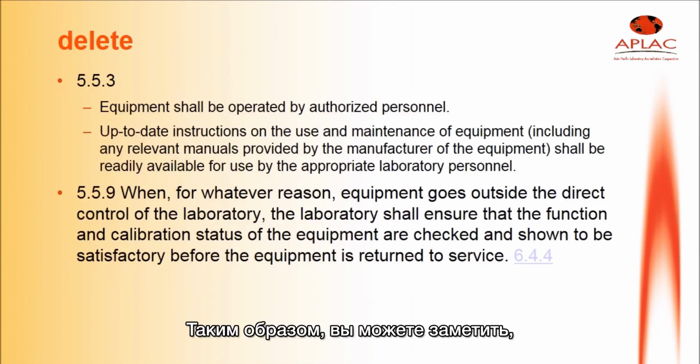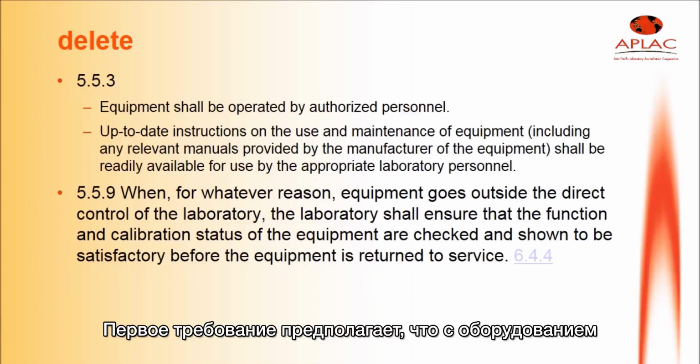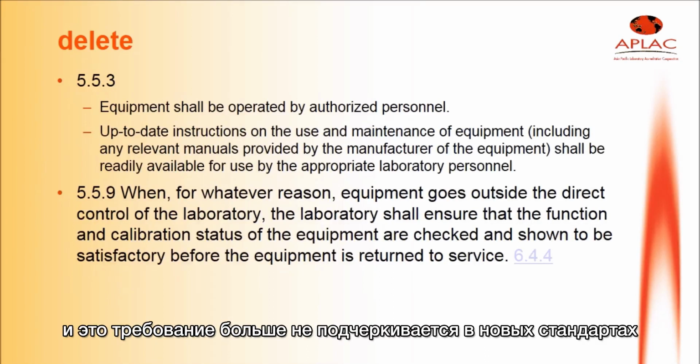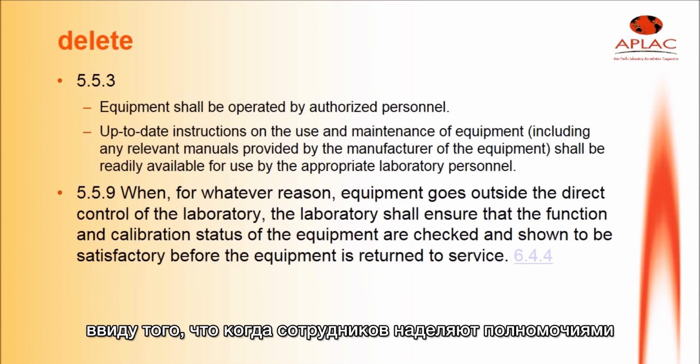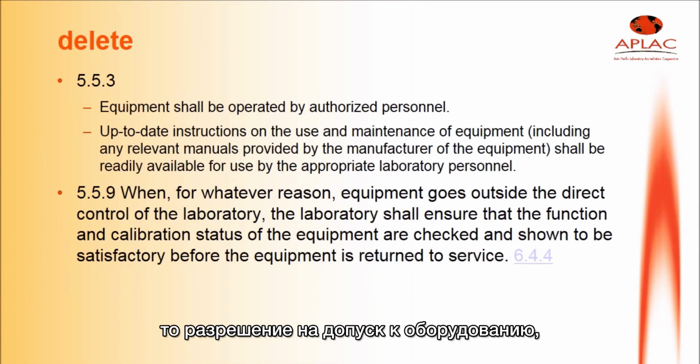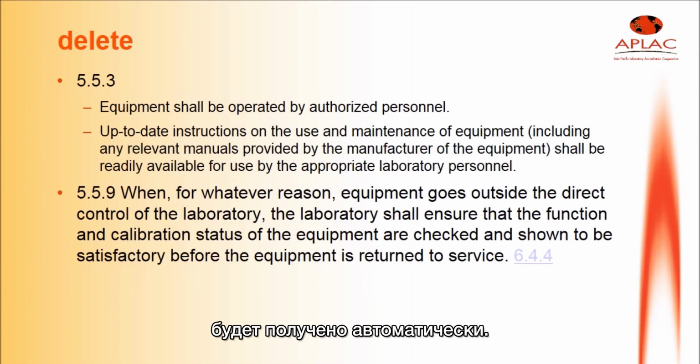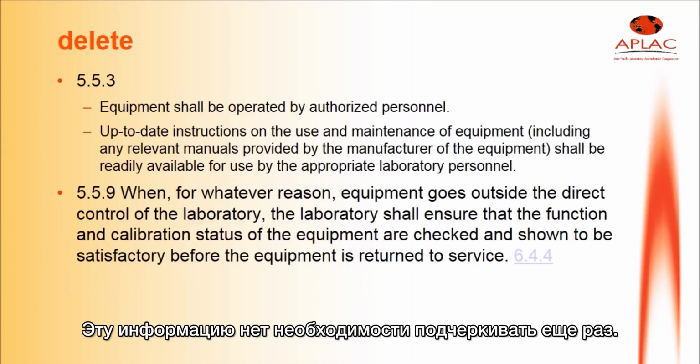You may notice that in the requirements for equipment, these requirements are deleted from the new version of 1725. The first one is that the equipment should be operated by authorized personnel. This requirement is no longer emphasized by the new standard, because when you authorize people to perform some testing or calibration, the equipment used during the testing or calibration process will be automatically authorized. So it is not necessary to emphasize this again.